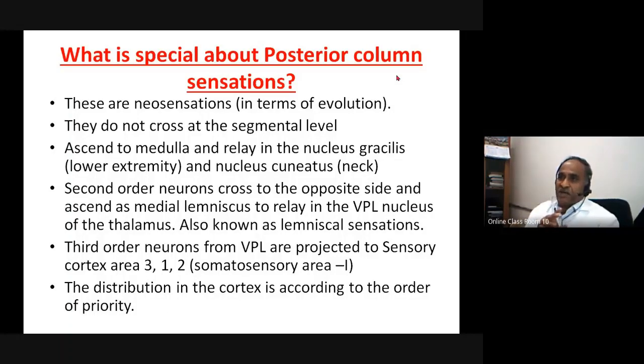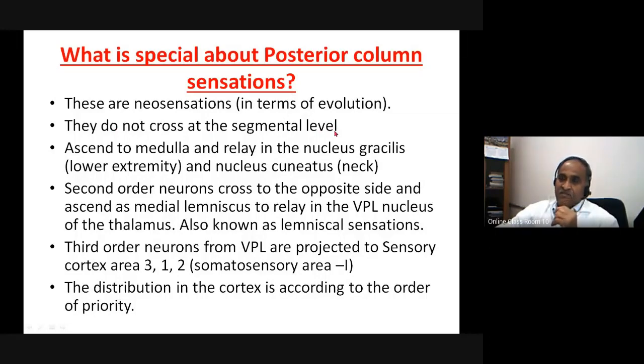What is special about it? These are evolved sensations, what are called neo-sensations. These sensations are more precise, more accurate, and more adequately dealt with in the cerebral cortex. They do not cross at the segmental level.